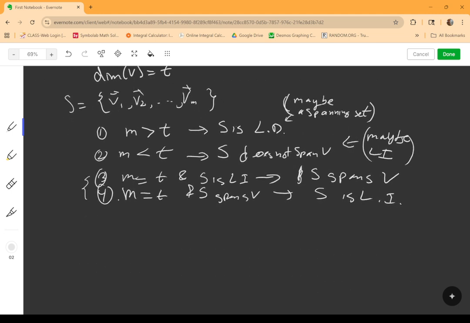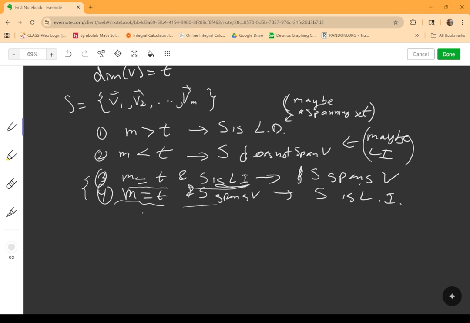So if you know that M is equal to T, so the size is just right, and you check that it's linearly independent, then it spans V. You get that conclusion from this theorem. Once you know this is true, you check linear independence, and that's all you need to do. Then you get that S spans V from that operation.